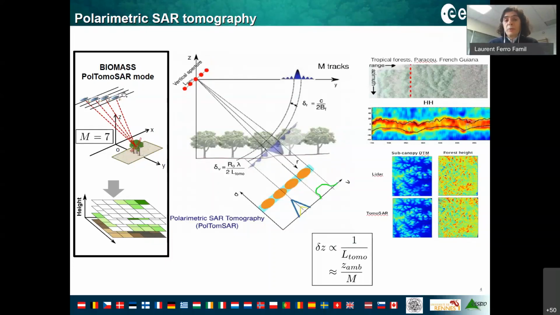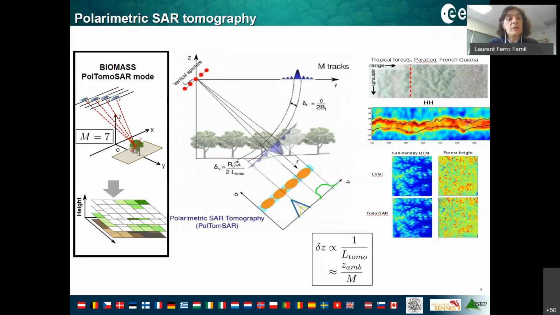Why is this possible? Because P-band corresponds to very large wavelengths, and for this wavelength, the environment can be considered to remain coherent over the whole acquisition time. And if you combine 6 or 7 images along different trajectories, you may be able to perform 3D imaging. This is the objective of tomography.